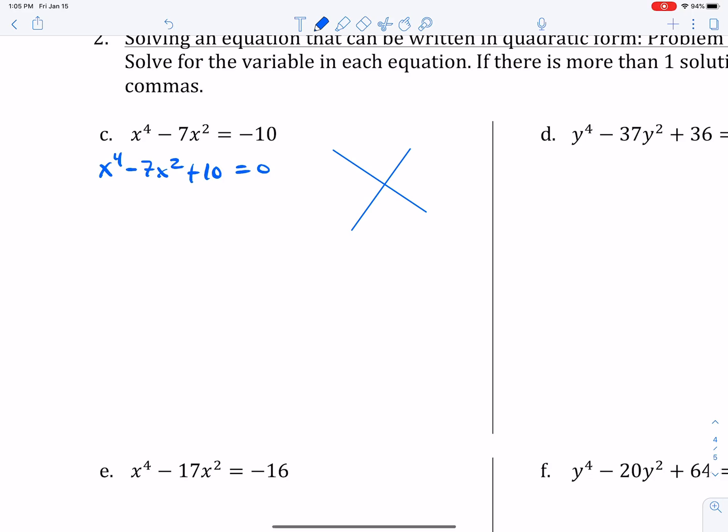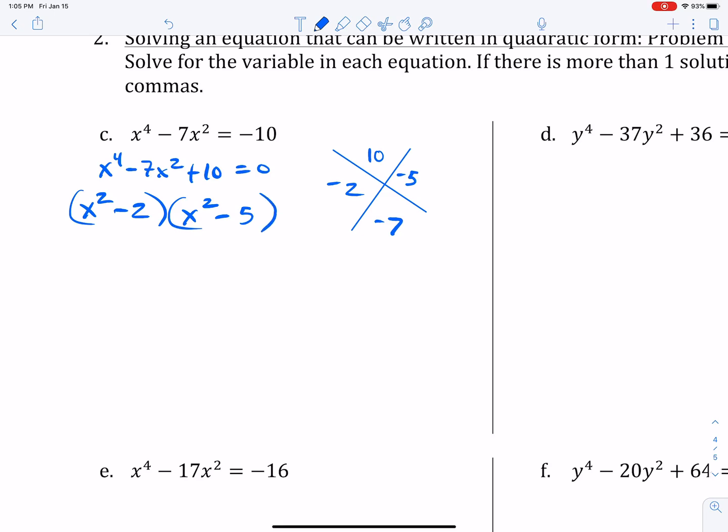Forgive me, that's a positive 10. My c is 10. My b is negative 7. So what is it? 2 times 5 gives me 10, but I need it to be a negative 7. So make those negative. What I'm left with is x squared minus 2 and then x squared minus 5.